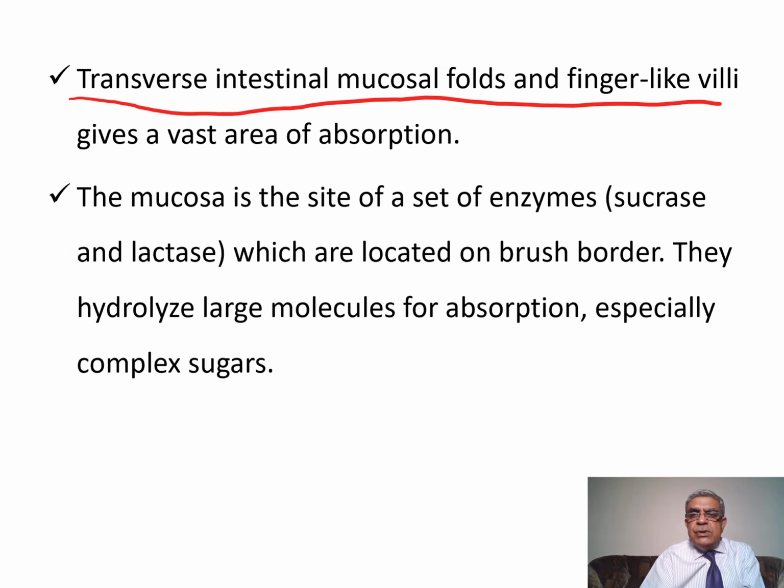Transverse intestinal mucosal folds and finger-like villi give a vast area of absorption to the intestine. The mucosa is the site of a set of enzymes like sucrase and lactase, which are located on the brush border.